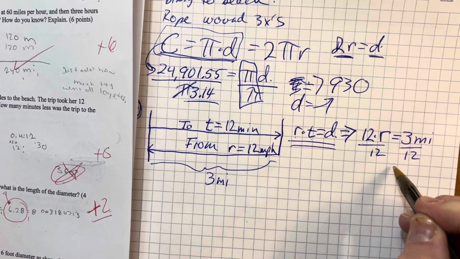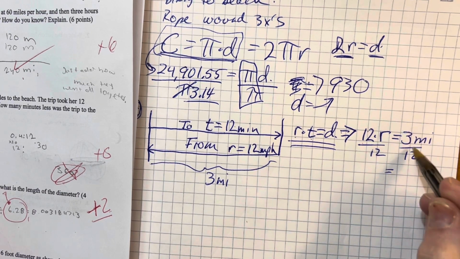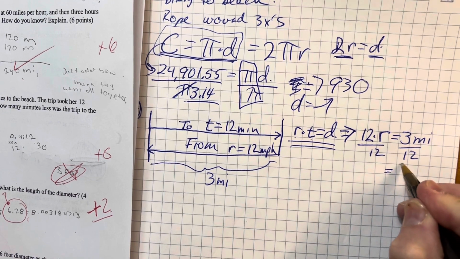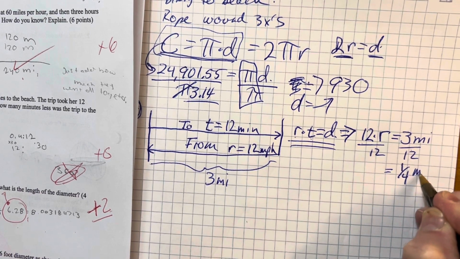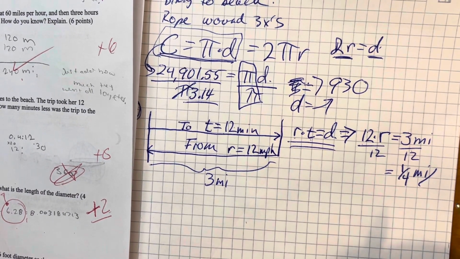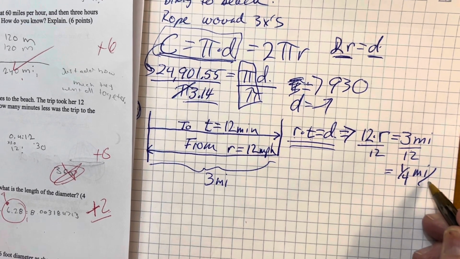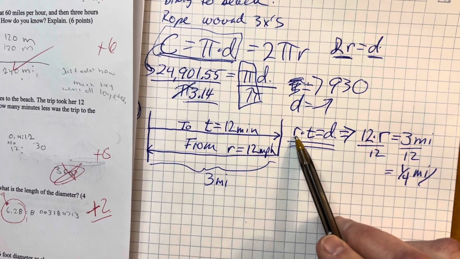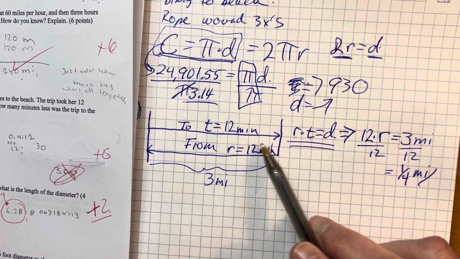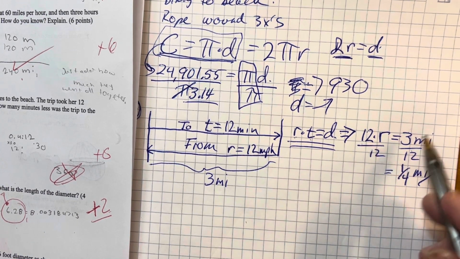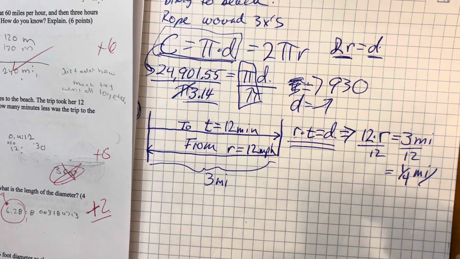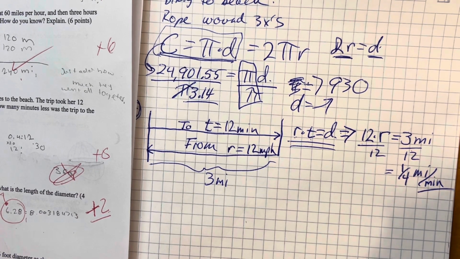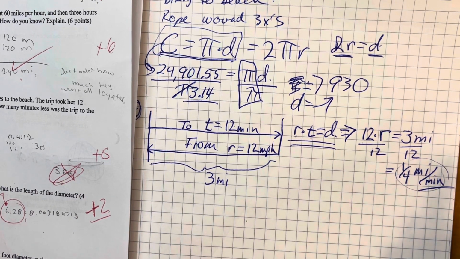And that equals, wait, that's a small fraction. How can that be? Well, it's true. Just watch. We're going to have 1/4 of a mile per minute.